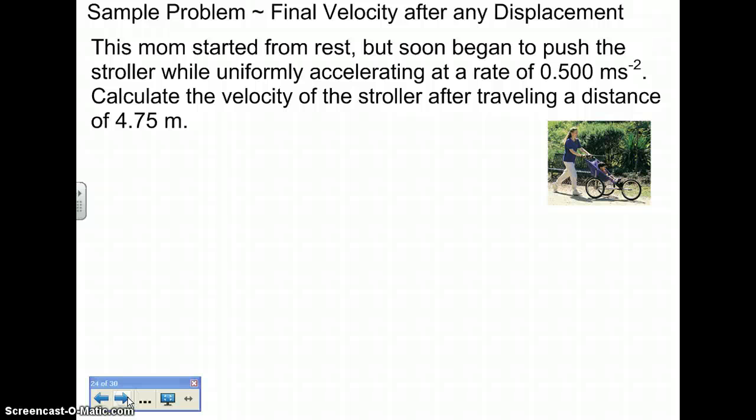It says this mom started from rest, but soon began to push the stroller while uniformly accelerating at a rate of 0.500 meters per second squared. Calculate the velocity of the stroller after traveling a distance of 4.75 meters. So it says this mom started from rest. VI, 0 meters per second.